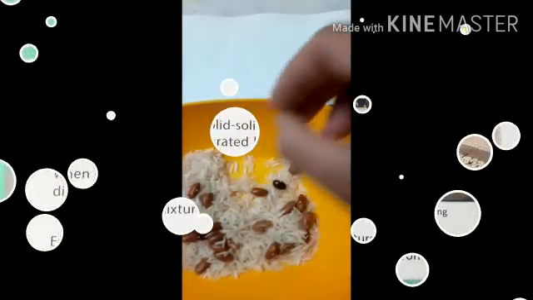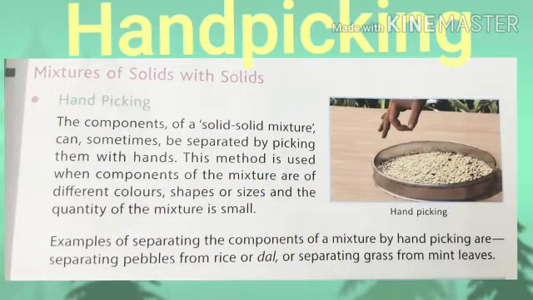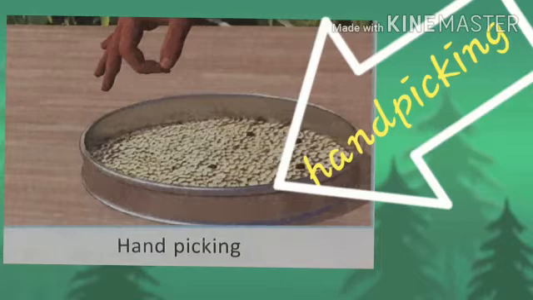We are doing hand picking. With the help of our hand, we are picking out the kidney bean seed. Hand picking is the normal sight in our houses when moms take out the pebbles or unwanted material from the pulses and rice. Such a process is known as hand picking.